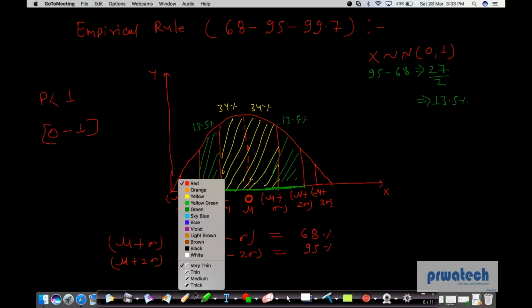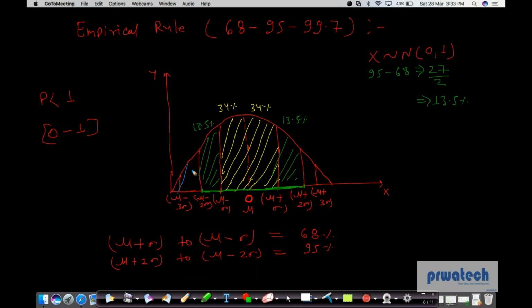This area is how much? Out of 99.7%, you have already calculated 95%. So if you subtract 99.7 minus 95, what is your value? 4.7.